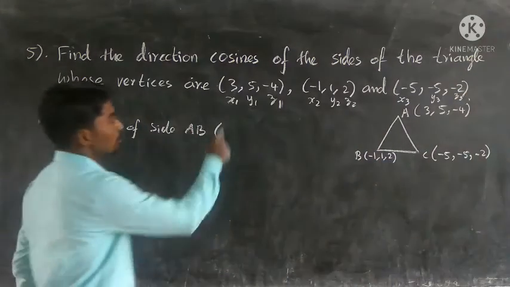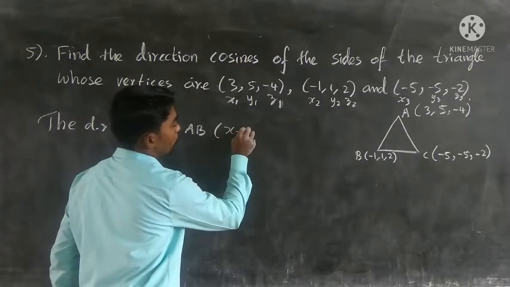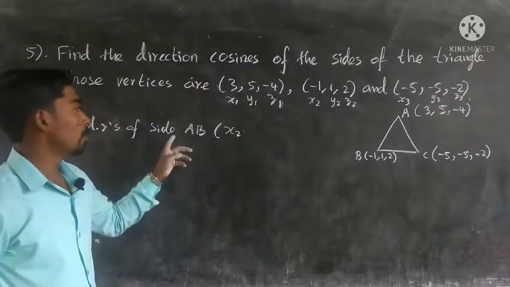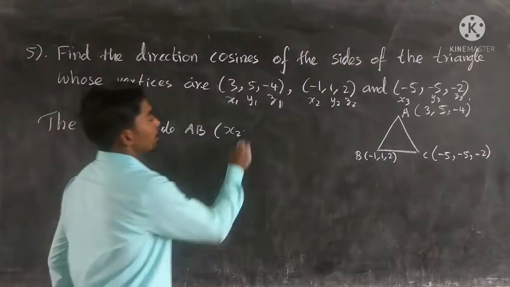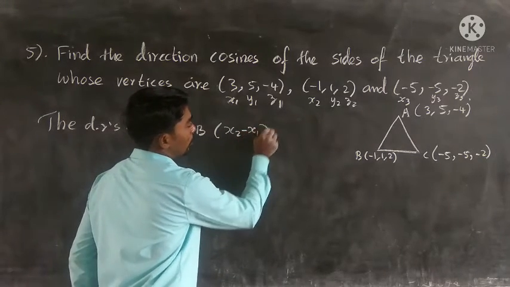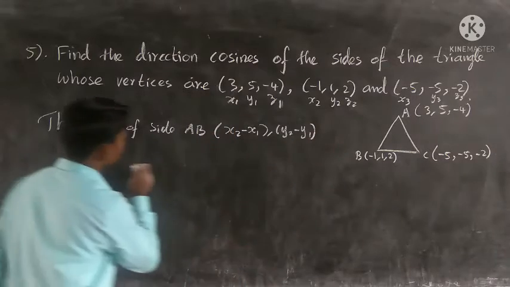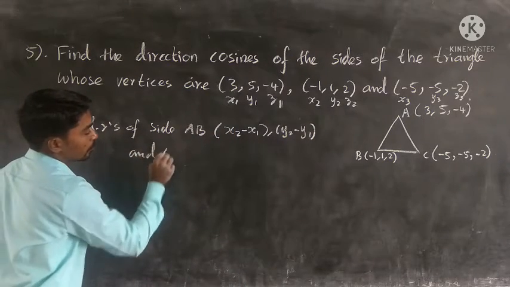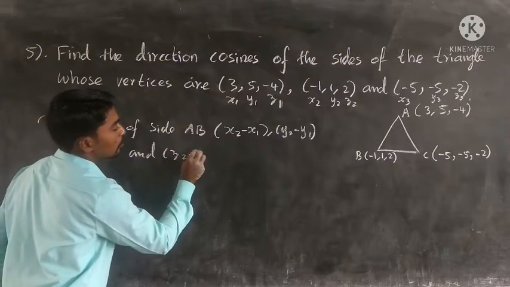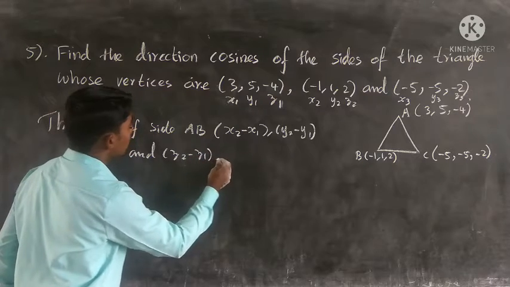The direction ratios of the side AB are x2 minus x1, y2 minus y1 and z2 minus z1.